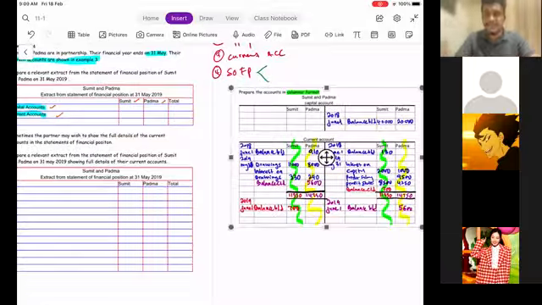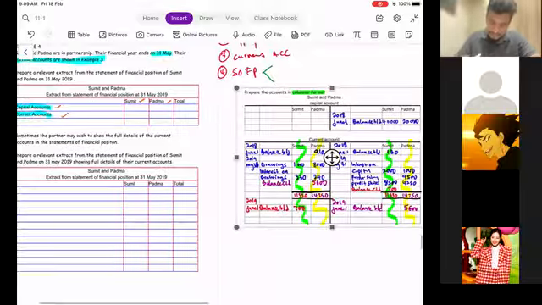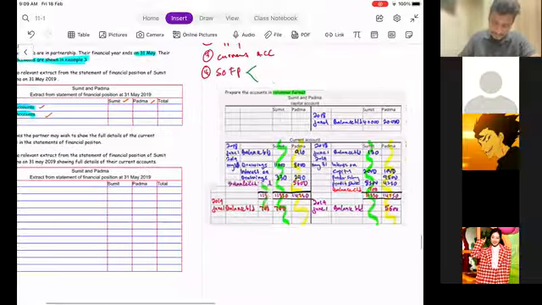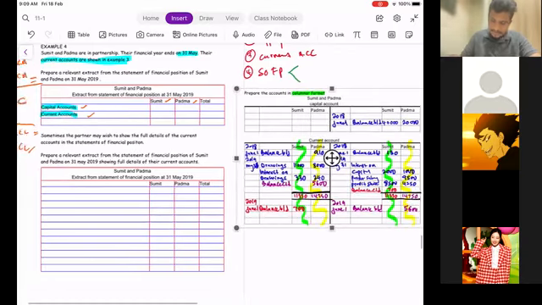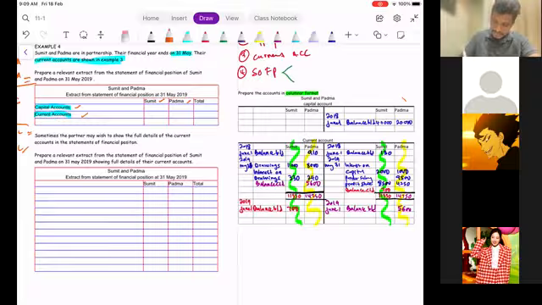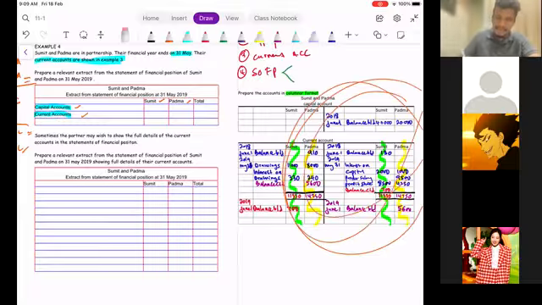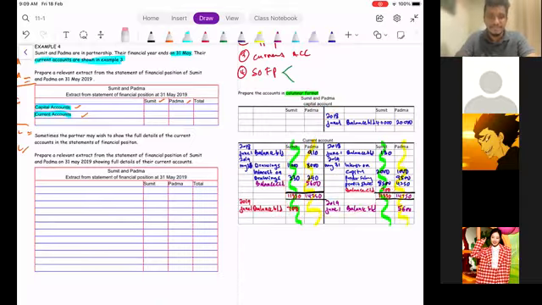So, simple question. Can you tell me how much the capital for Sumit is? Refer here and tell me. Very good. Sumit, do you have a problem with your eyes?